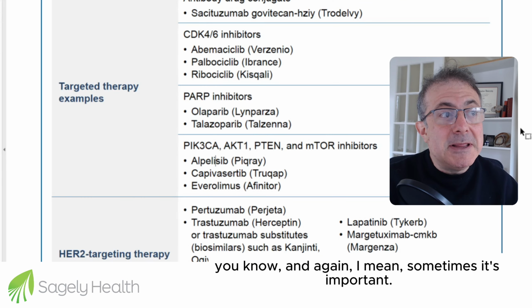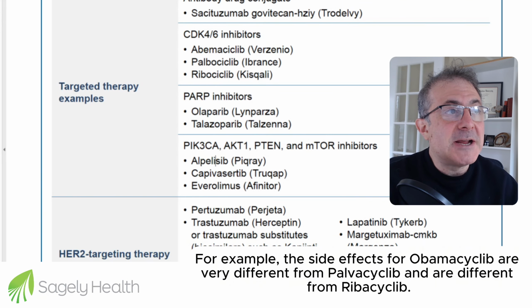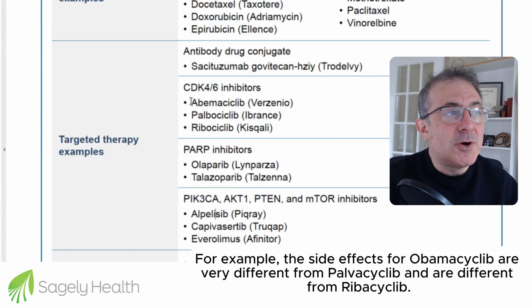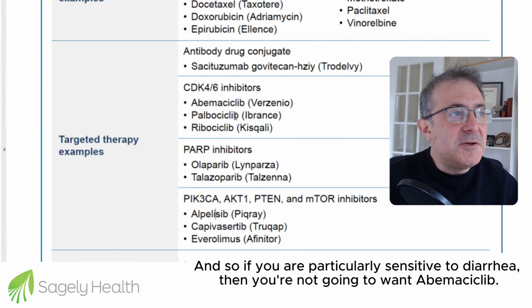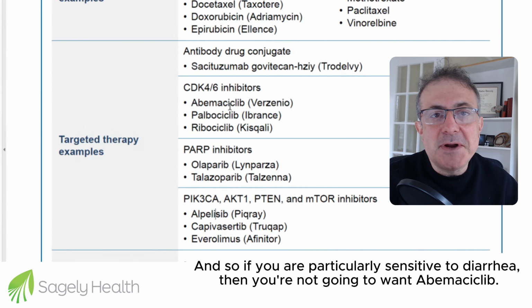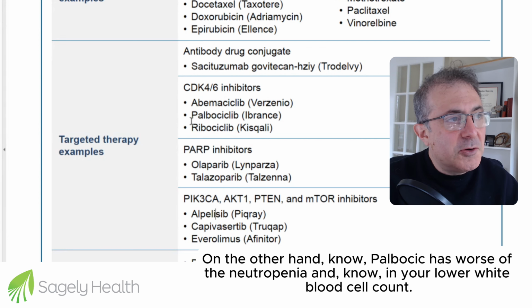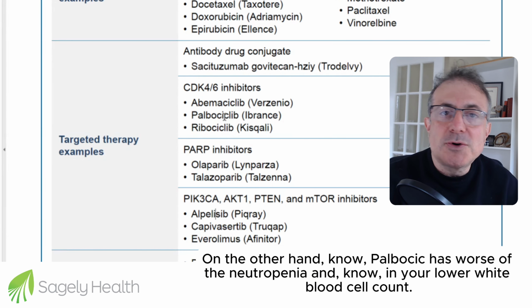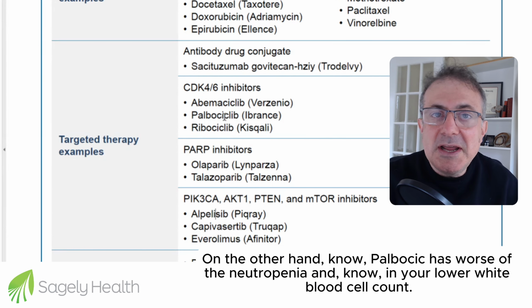Well, and again, sometimes it's important. For example, the side effects for abemaciclib are very different from palbociclib and are different from ribociclib. So if you are particularly sensitive to diarrhea, then you're not going to want abemaciclib. On the other hand, palbociclib has worse neutropenia, a lower white blood cell count.